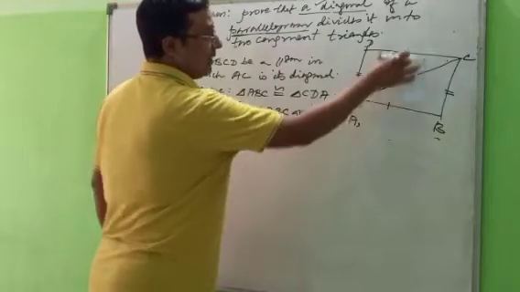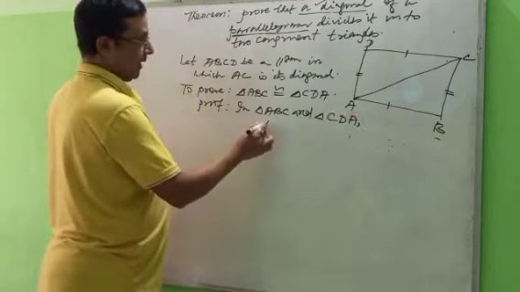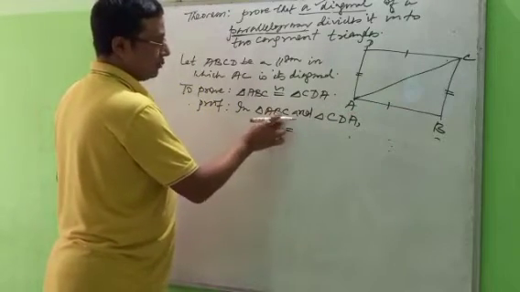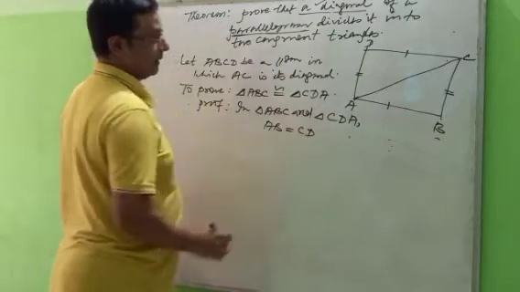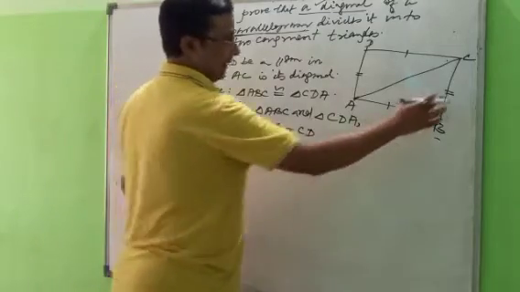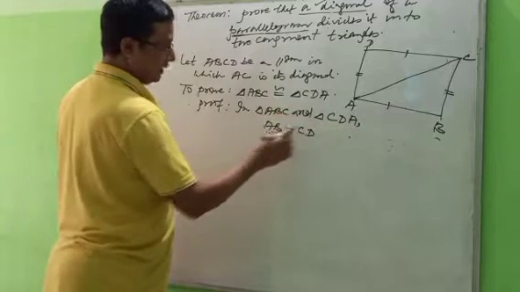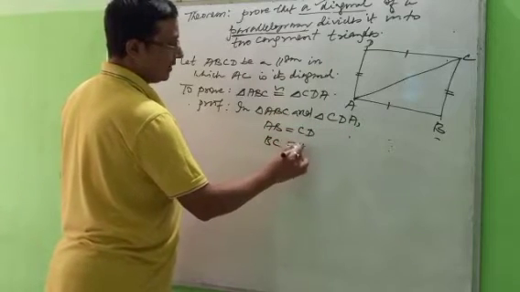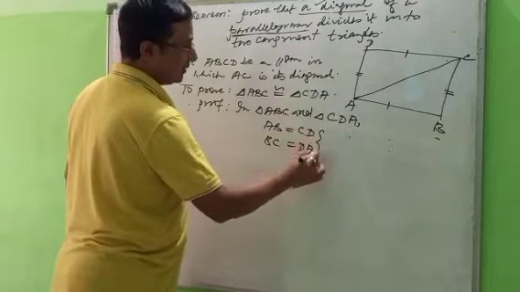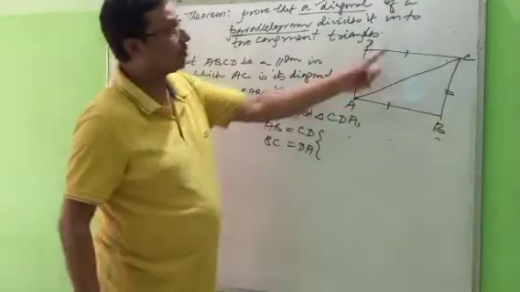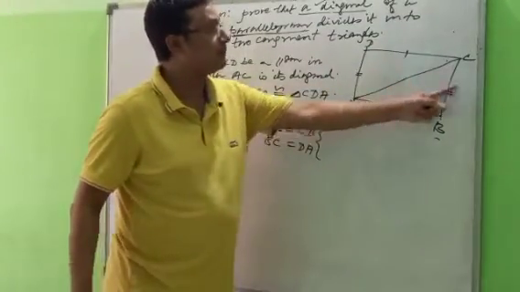AB equals DC. Then BC equals DA. The reason is that opposite sides of a parallelogram are equal.